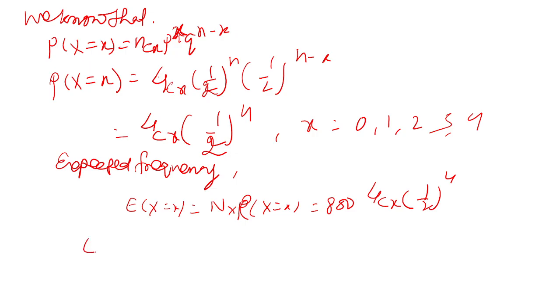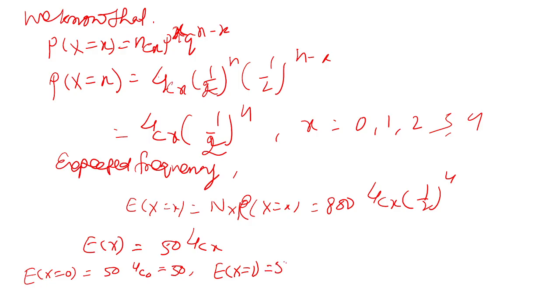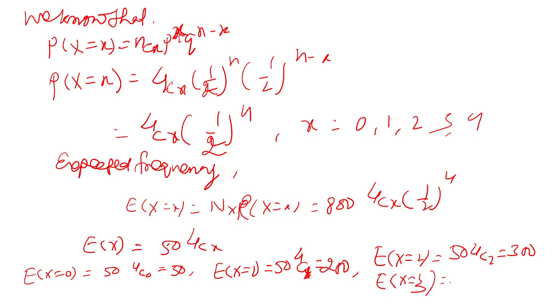So expected frequency will become 4Cx into 1 by 2 to the power 4 into 800, that is 50 times 4Cx. Now for x is equal to 0, 4C0 gives 50. For x is equal to 1, 4C1 gives 200. For x is equal to 2, 4C2 gives 300, because 4C2 is 4 into 3 by 2 into 1. For x is equal to 3, 4C3 gives 200.